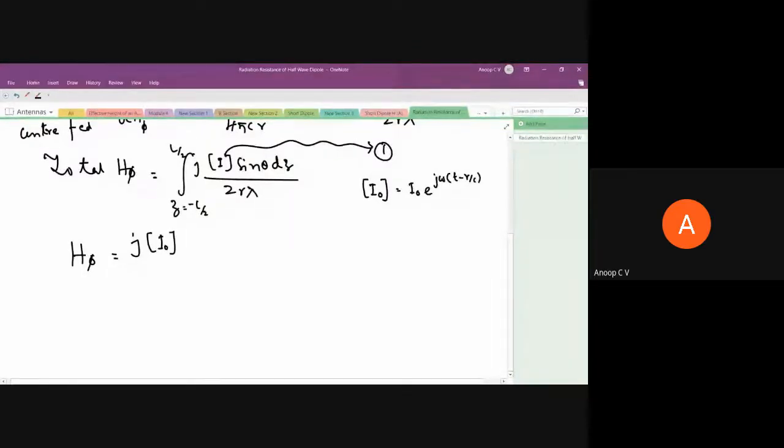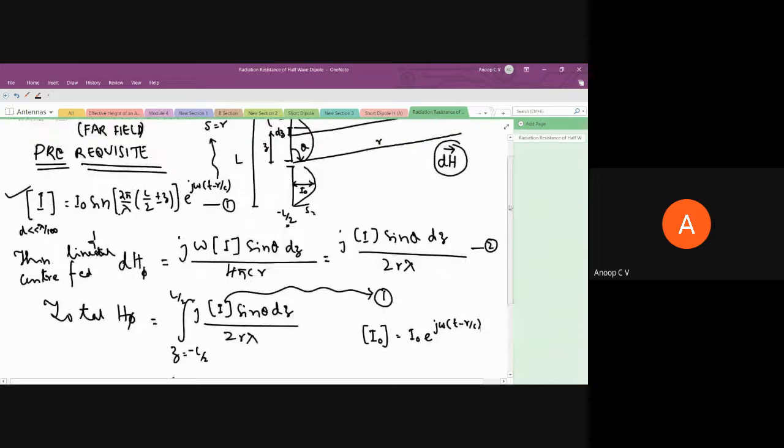Just to save space, I'm doing it. Even in the textbook, they have done the same. So wherever this I naught is written, please don't confuse it with I. If it is I, that form factor also will come. I naught is nothing but the retarded I without form factor. I have shown it in this diagram.